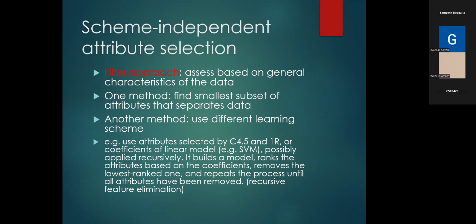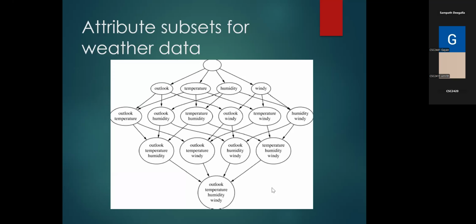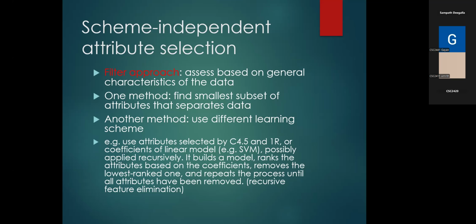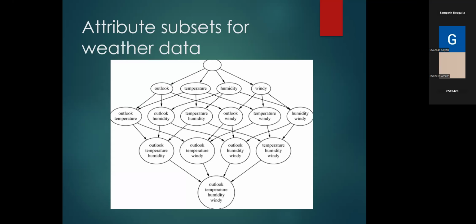Now, selecting a subset will not be easy. Why I'm saying that is, if you look at feature subsets, searching attributes for the feature subset is a very, very difficult task.